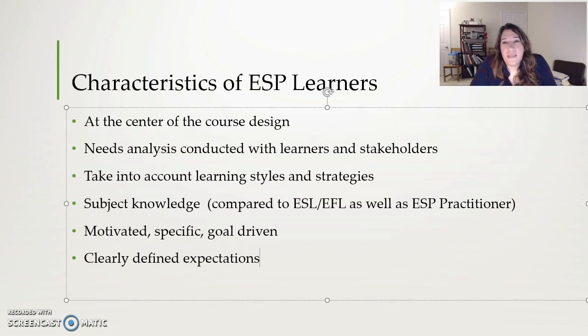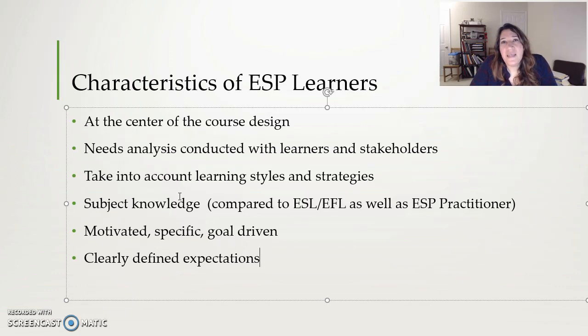One of the things that our short Chapter 6 discusses this week is the characteristics of ESP learners. So far from what we read, we know that this is a very learner-based approach. What we mean by that is the learner is at the center of course design.